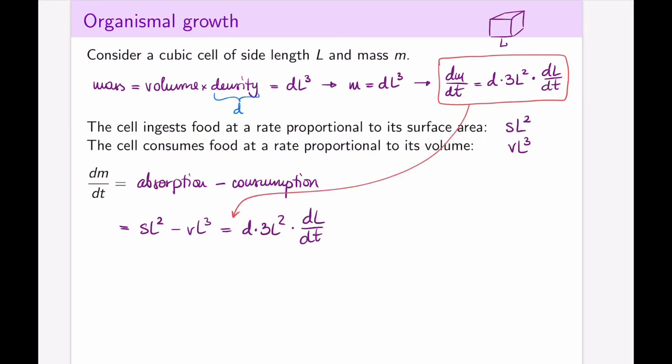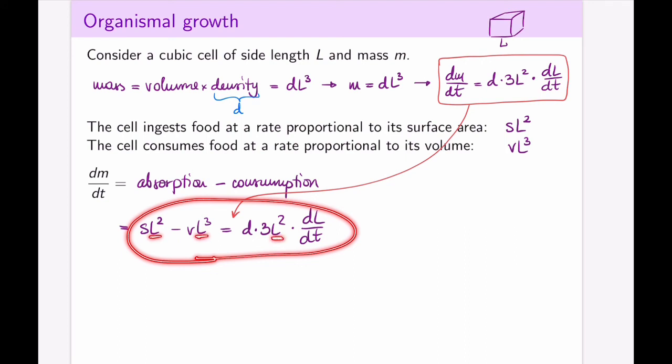Now I have gotten rid of the problem I had before, and I have one equation that connects one function, specifically the length, and its derivative. I have eliminated the mass out of the equation, and so now I have a differential equation for the length of the cell, including the cell length and its derivative.